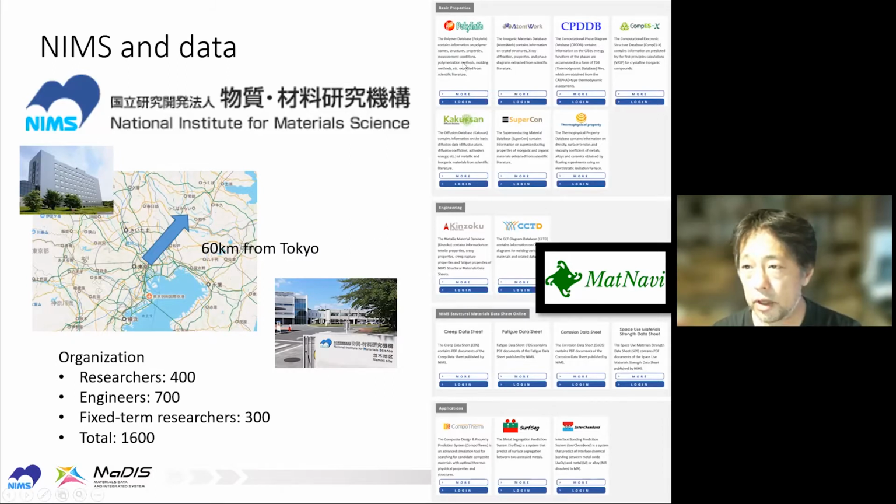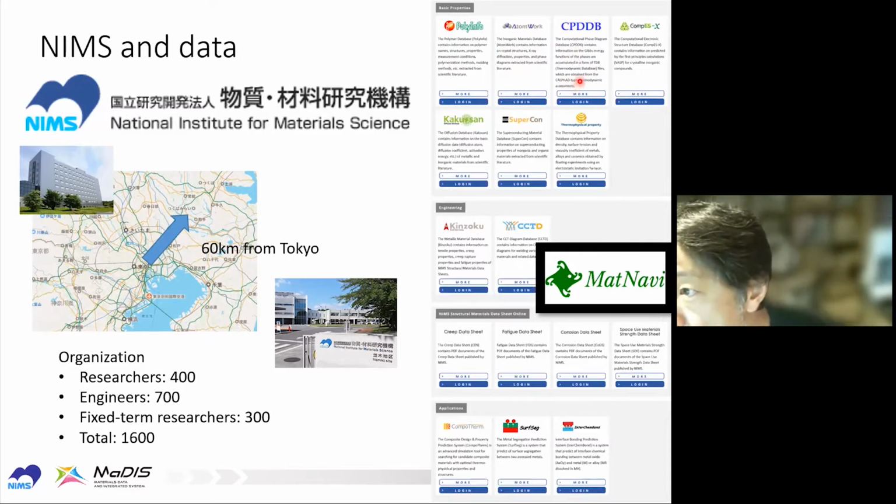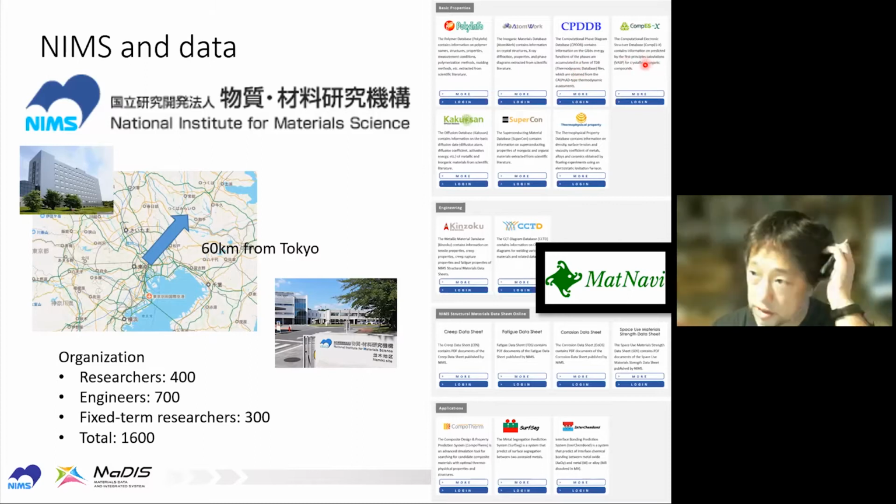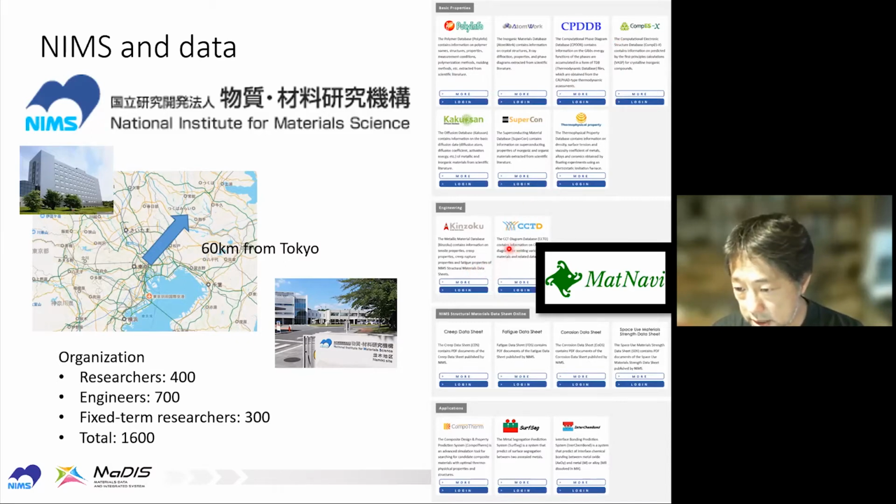For example, the polymer databases or crystal structure databases, the phase diagram databases, and electronic structure databases. Of course, we can also disclose experimental data, like the CCT databases, or the superconductivity database or something like that.